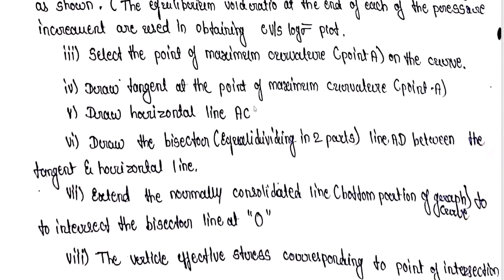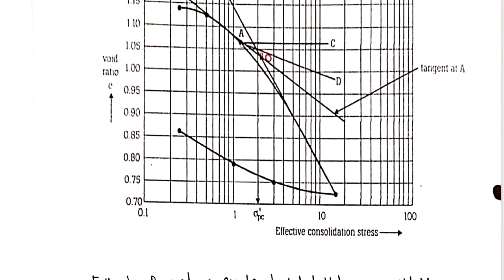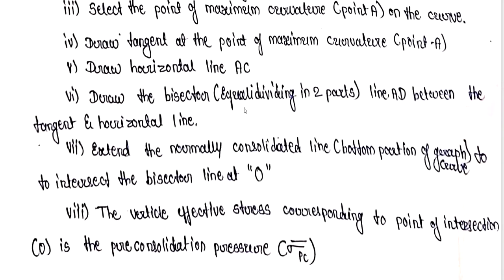Then draw a horizontal line AC. So from point A, we have to draw two things: the first one is the tangent, the second one is the horizontal line. This horizontal line is nothing but AC. Next, draw a bisector equally dividing the angle between the tangent and the horizontal line into two parts.